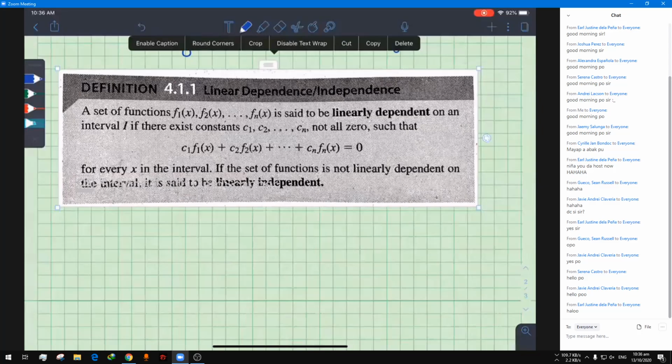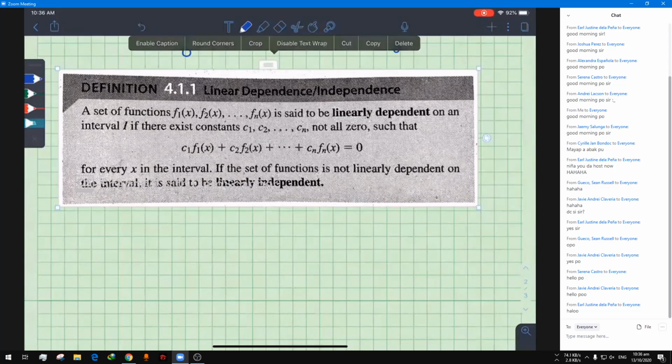If it is equal to zero, then those functions are linearly dependent. If it is not equal to zero, those are linearly independent. That is the difference between linear dependence and linear independence.